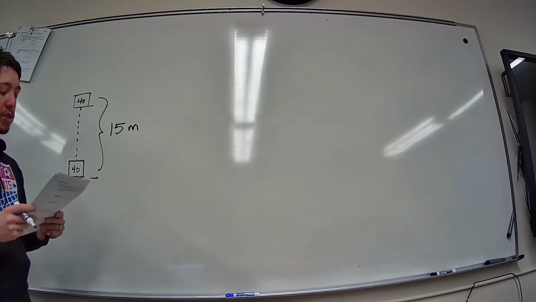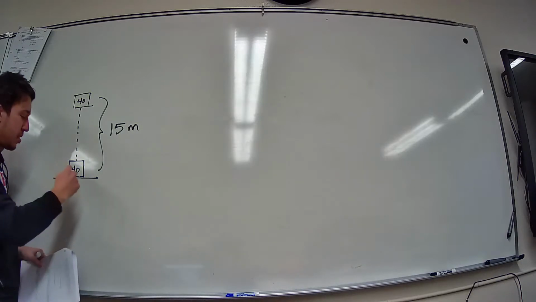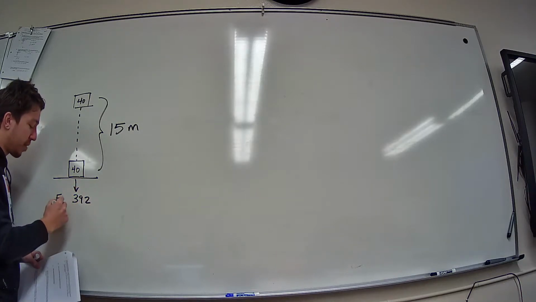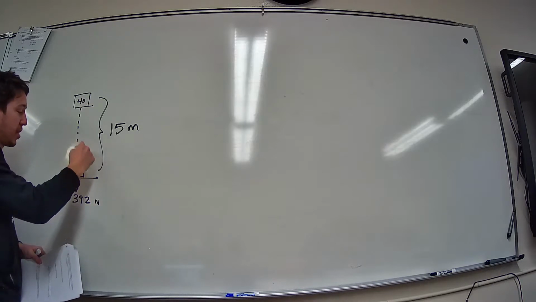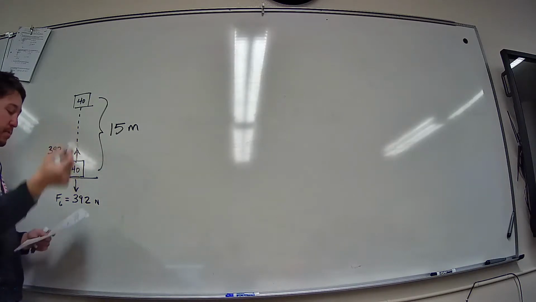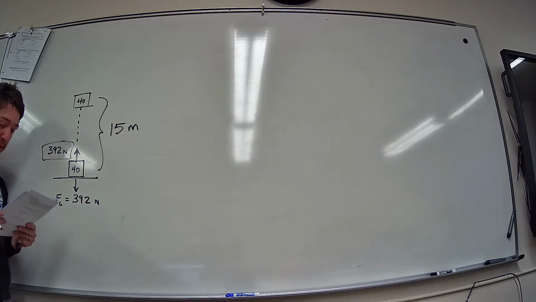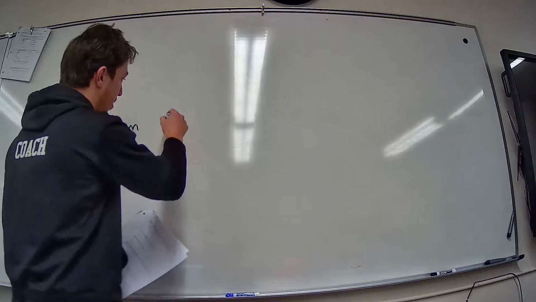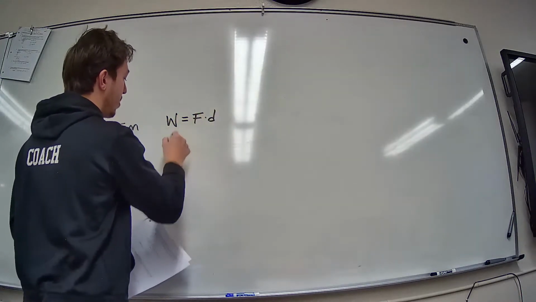How much force did the winch need to exert on the block in order to lift it at constant velocity? 392. So the force of gravity was 392 newtons, which means the winch had to exert 392 newtons of force to lift it. So part A, here's your answer. Part B, how much work was done by the winch? Well, force times distance, right?